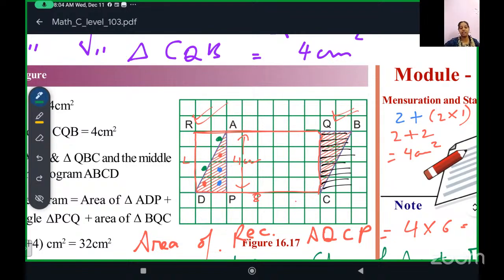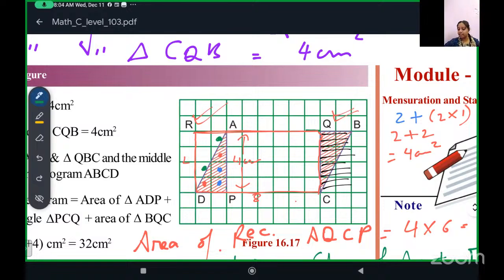It can't be always accurate. Mostly it is, but only on a graph paper. Ma'am, if you want to find the area of a triangle accurately, what you can do is draw the same triangle on the other side, then find the area of the rectangle and divide it by 2.